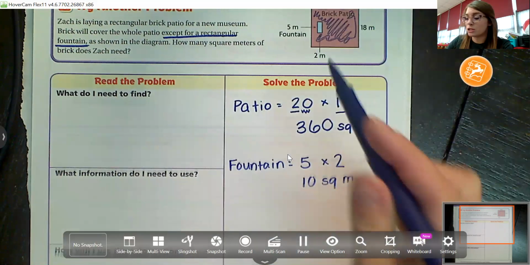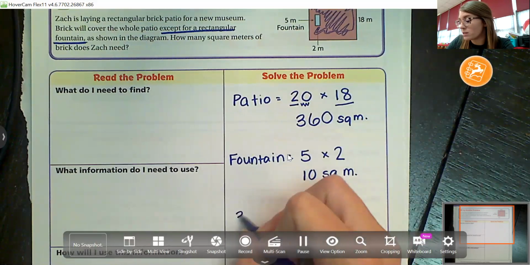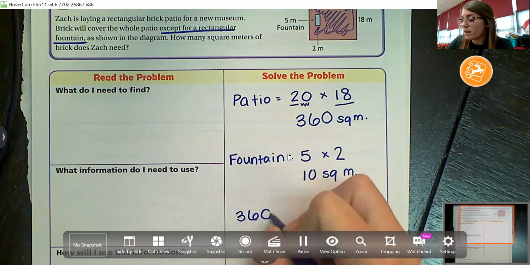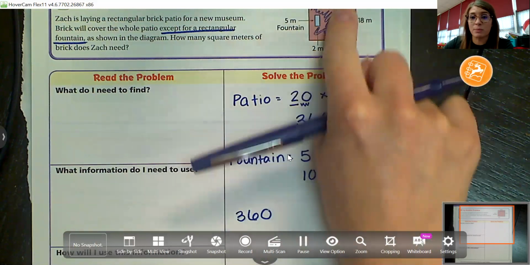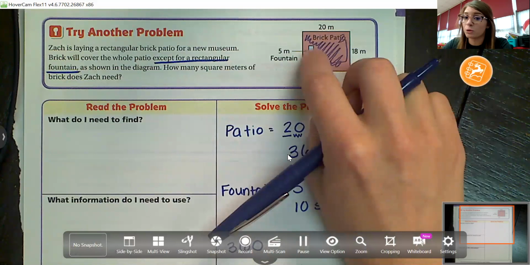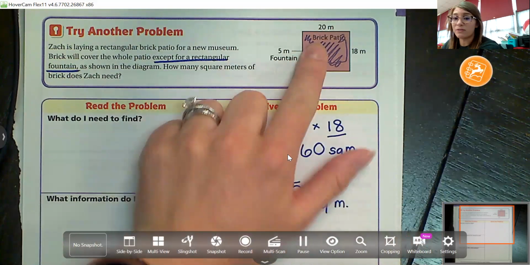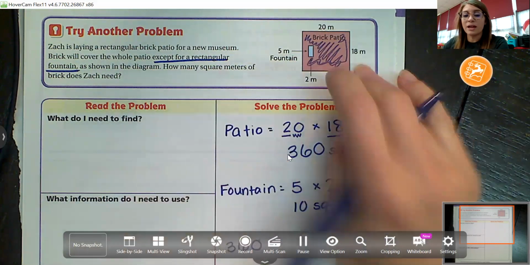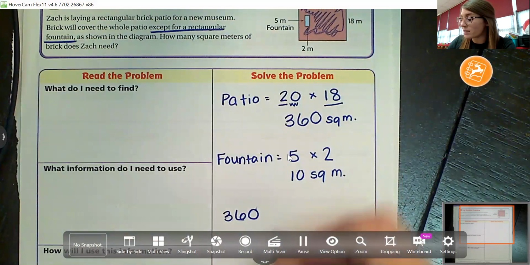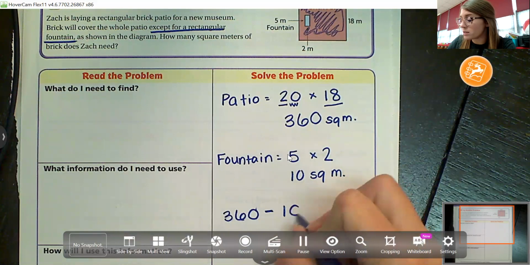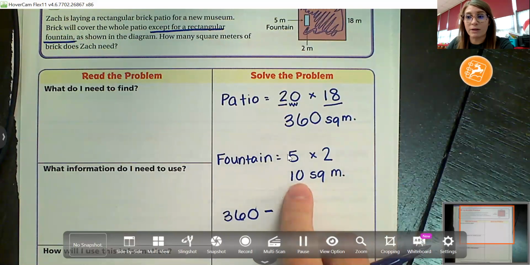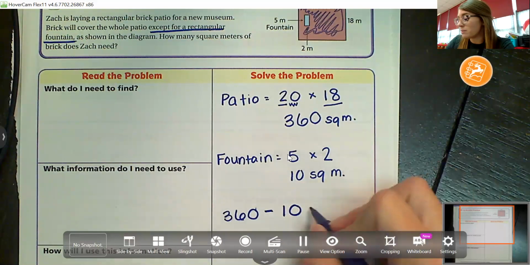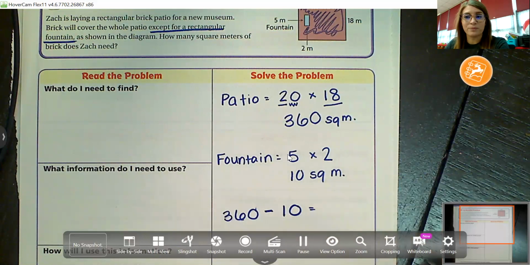So I'm going to take this 360 square meters. That is the total, because remember, this total included that little area with the fountain, because I forgot about the fountain for a second and just multiplied the 20 times 18. Then I'm going to subtract the 10 square meters that we had for the fountain, and 360 minus 10 is going to give me what?